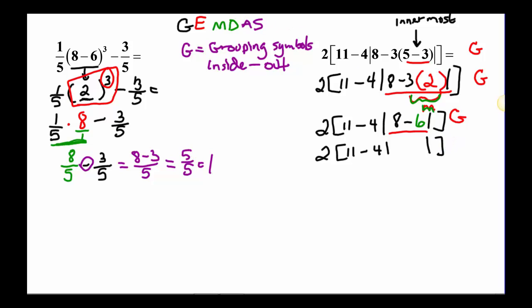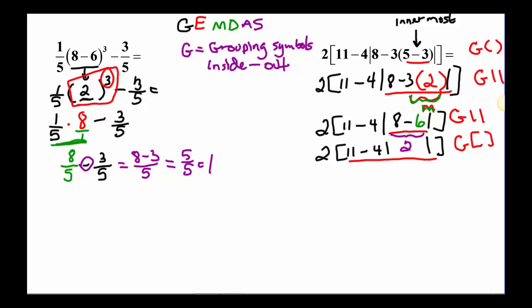And when we fill that in, it's an addition or subtraction, so 8 minus 6 is 2. Okay, we subtracted, so we got that. And now we have another grouping symbol, but we still have this bracket. Okay, so this grouping symbol at the beginning was a parenthesis, and then we had the absolute value, but we had to keep working on the absolute value, and now we're going to do the bracket.